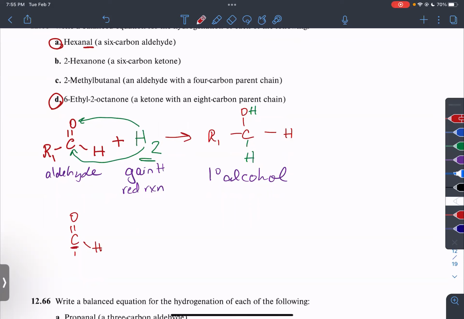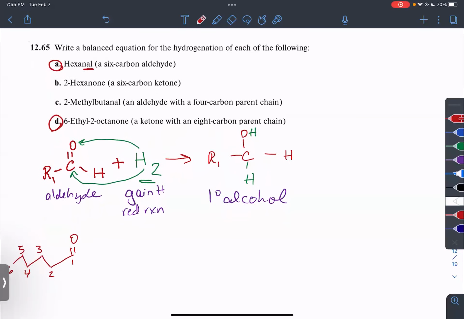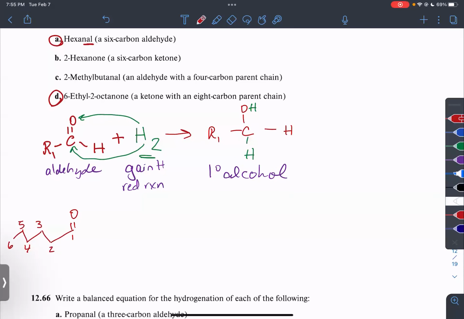I much prefer to draw in a skeletal diagram. It's just so much easier. So I'm not going to draw my hydrogen, right? Because it's skeletal. So I'm just going to basically draw that. And that is carbon number 1. It's got a hydrogen attached to it, but we don't have to show it. That's 2, 3, 4, 5, 6. So now I have a 6-carbon aldehyde.